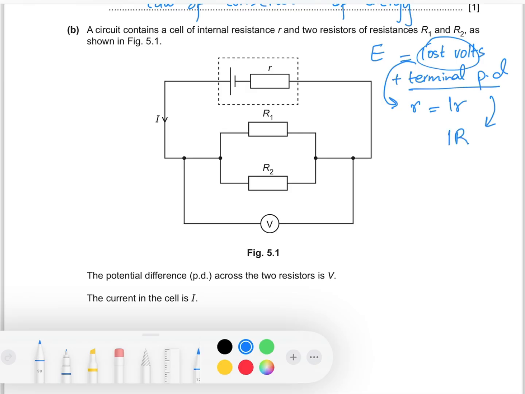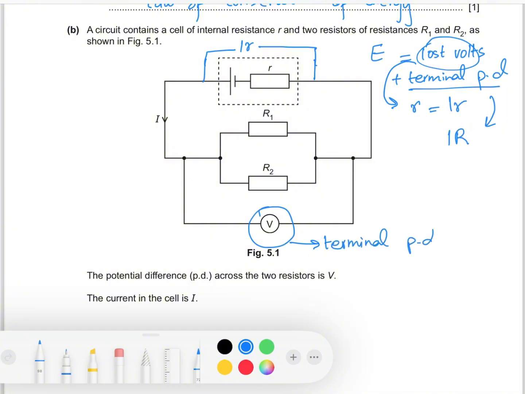So that's often denoted by capital V. If you were to measure the potential difference across the internal resistor, you would find the value of lost volts, whereas using this voltmeter, which measures the potential difference for the electrical components inside the circuit, this voltmeter will give you the reading of the terminal potential difference.